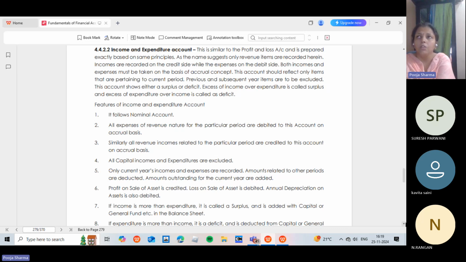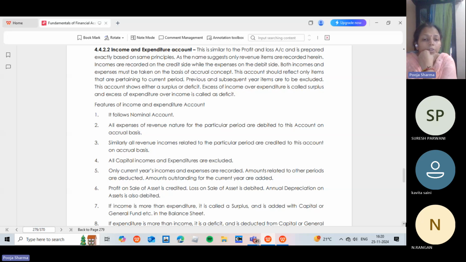It becomes accrued receivable in January, but we have not yet received it, so it will be added. Amount outstanding for the current year is added to the income, as part of the related income head in the income and expenditure account.